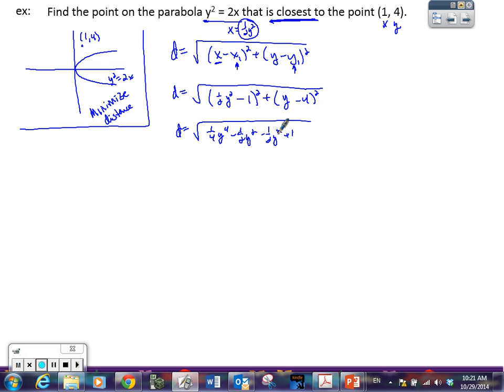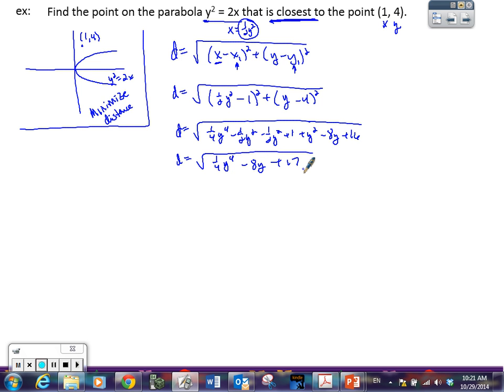And then plus y squared minus 8y plus 16. Okay, so I go through the process of combining like terms, cleaning it up so that my derivative work is easier. And I have 1/4 y to the 4th minus 8y plus 17.